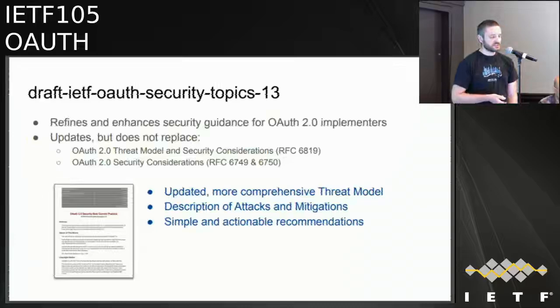The important thing here is that we have an updated and more comprehensive threat model than before. We have described many attacks that were discovered recently, or over the last years, let's say. And we have concrete and actionable recommendations for implementers of OAuth to defend against these attacks.